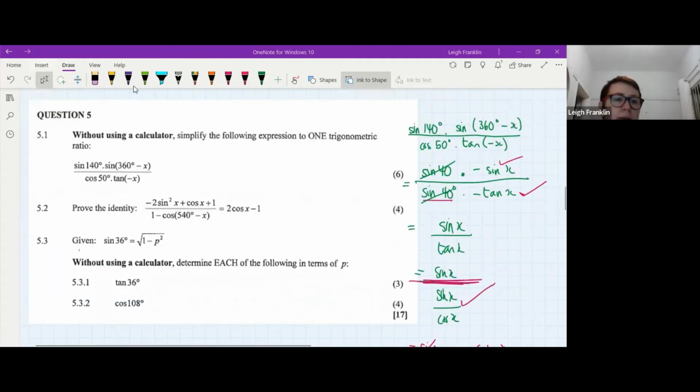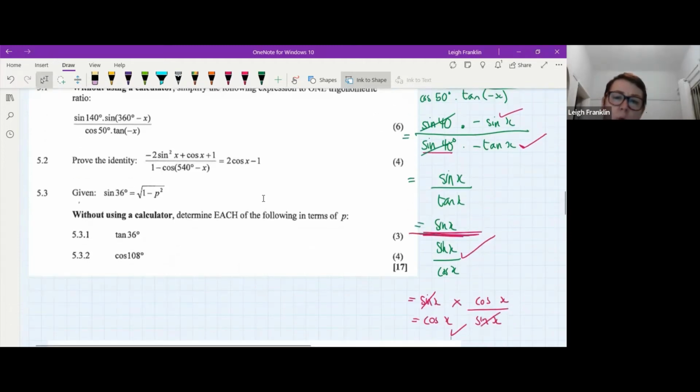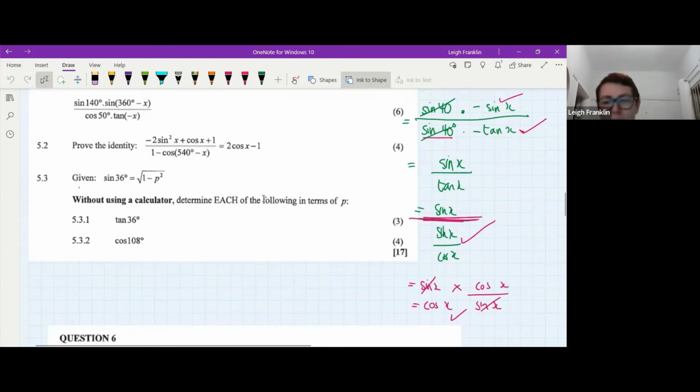Let's barrel on now, proving the identity. Okay, so now we're proving, like you had said in the beginning, left-hand side equals right-hand side. It is not an equation, so you cannot move terms from one side to the other. Either you work with the left, or you work with the right, or you can work with both, but independently of one another.